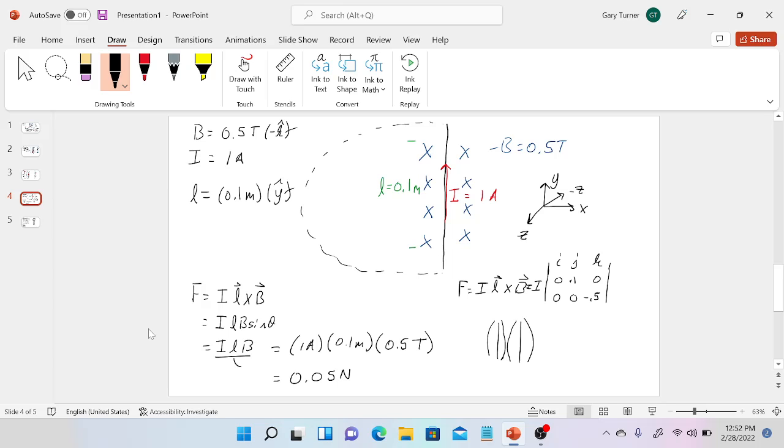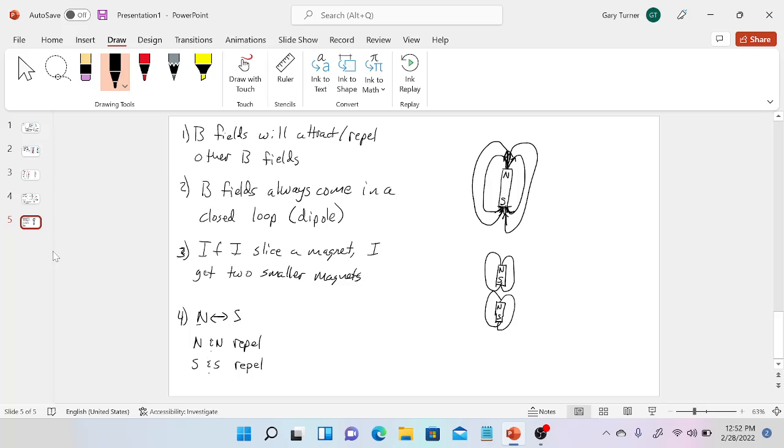And this is due to the way the magnetic fields in between the two wires interact. If you orient the currents in one way, you'll get a north-south attraction. If you orient the currents in the other way, you'll either get the north and north repulsion or the south and south repulsion.